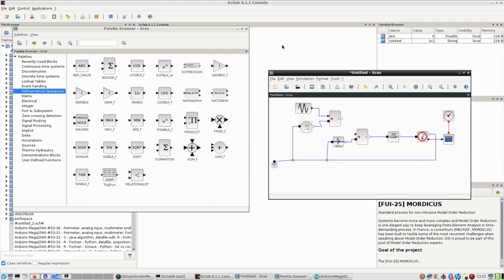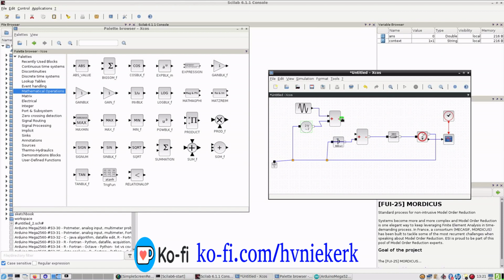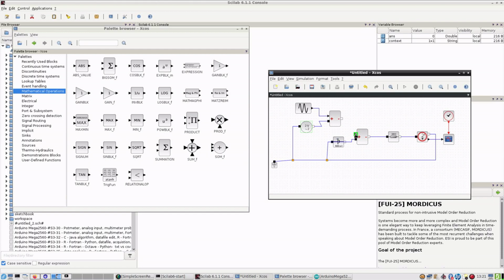In the old version of Scilab you had a plugin which provided a conversion from this connector to this connector, square versus triangle, towards triangle, which I can't find in this version.